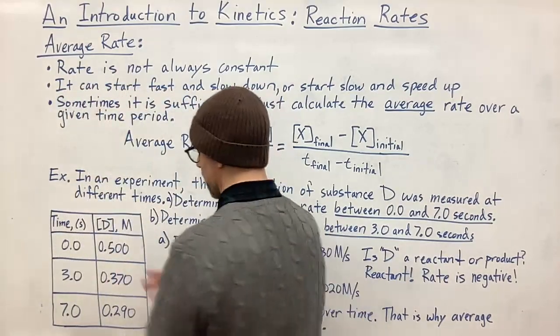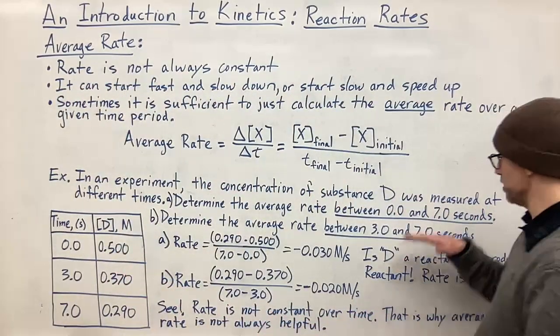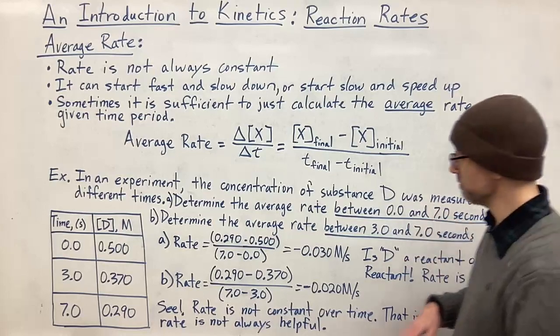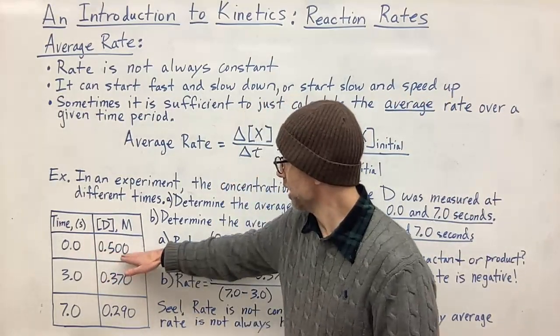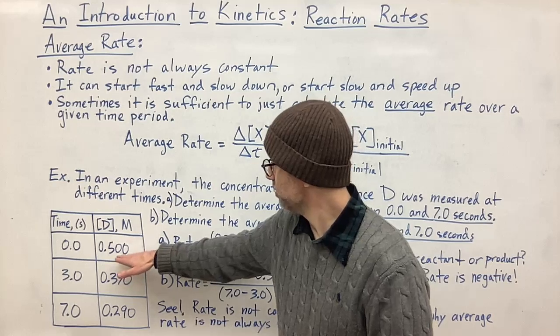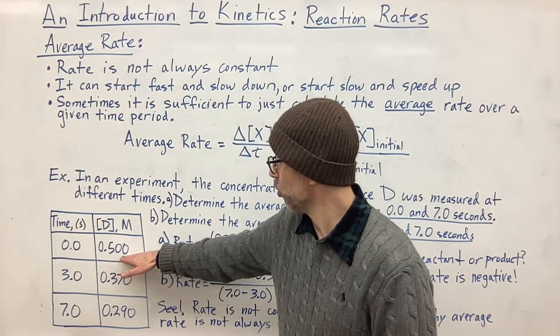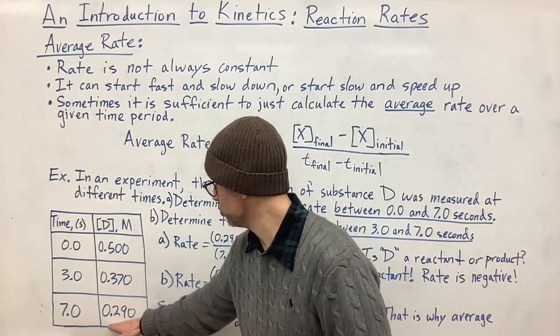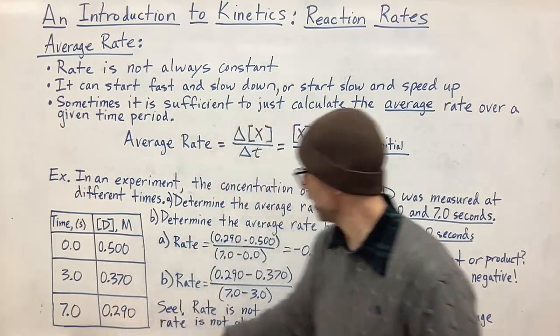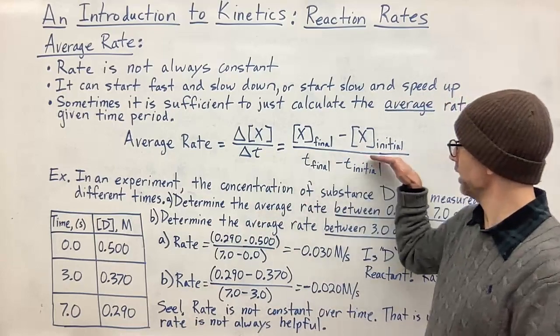So we take our data. We're looking at 0 and 7 seconds. At 0 seconds, the concentration is 0.500 molar, and at 7 seconds, it's 0.290 molar. So again, it's going to be final minus initial.